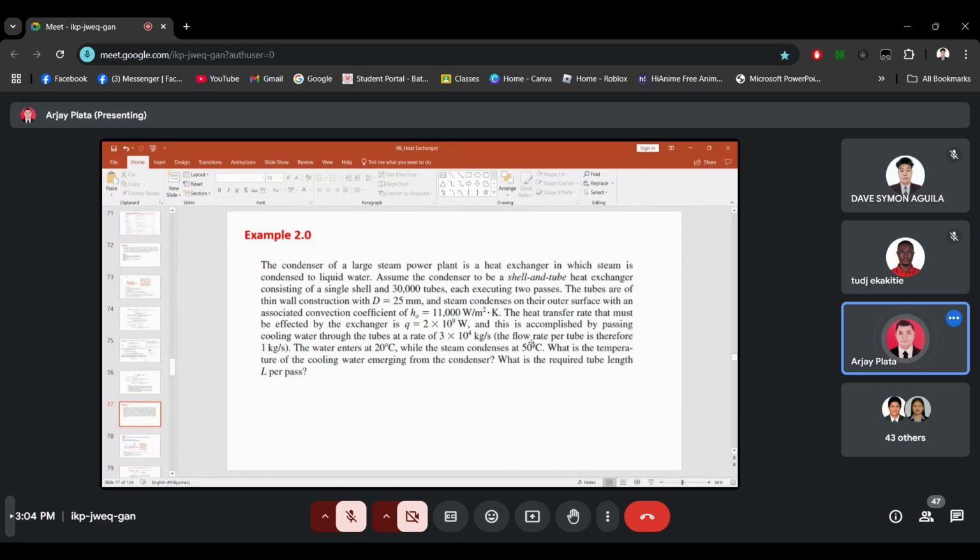For the water, it enters at 20 degrees and then leaves at an unknown temperature. So that's one of our parameters that needs to be calculated.